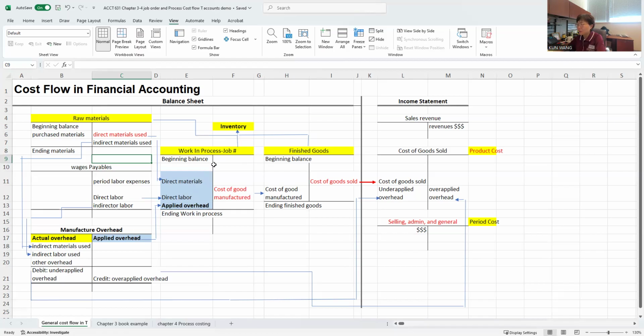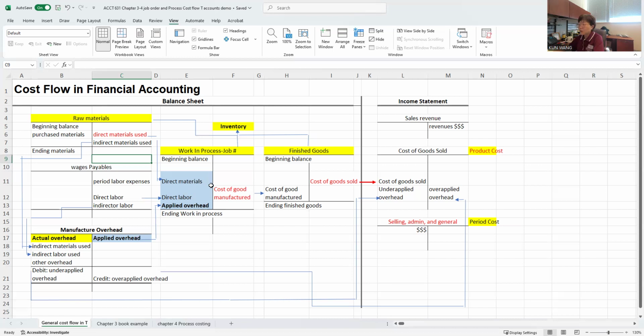Then under job order costing or process costing, we may have something already started from the prior accounting period. So that's the beginning balance of your working process account, mostly called WIP, work in process. So you have some unfinished products in the beginning and then add the new, be careful, the new manufacture cost, the three additional inputs in the current period.